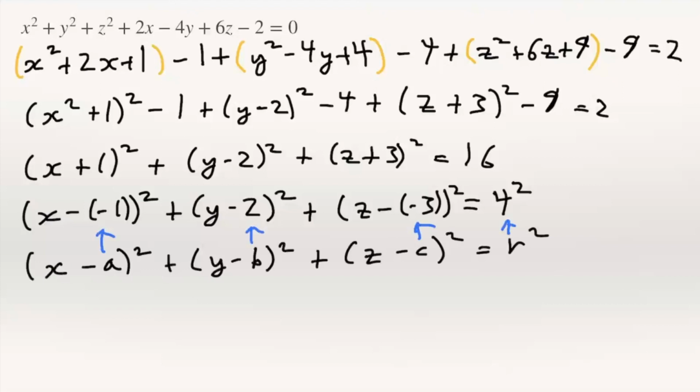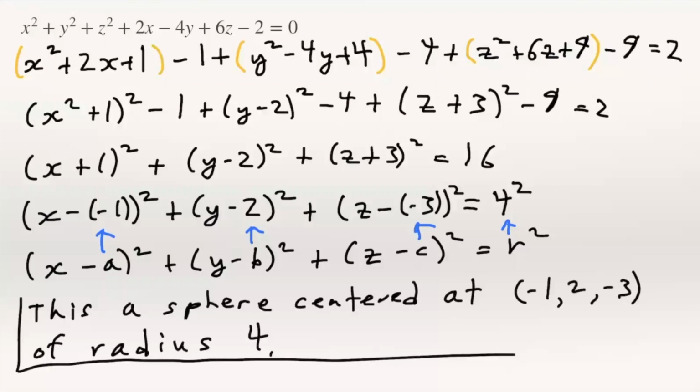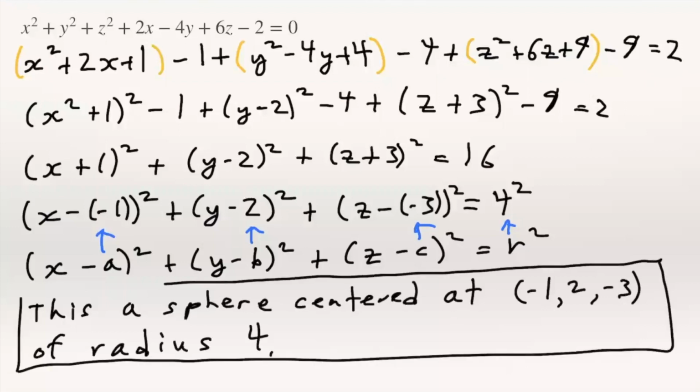And therefore, this is a sphere centered at (-1, 2, -3) of radius 4. So we have figured out what shape in R3, three-dimensional space, this equation corresponds to. And that concludes this lecture on chapters 13.1 to 13.2.